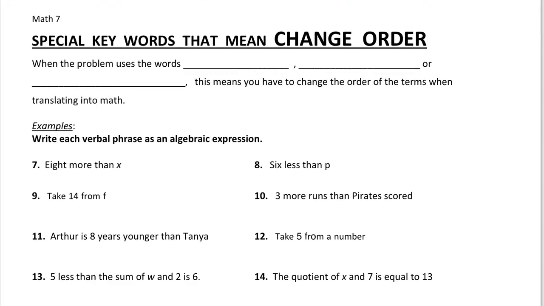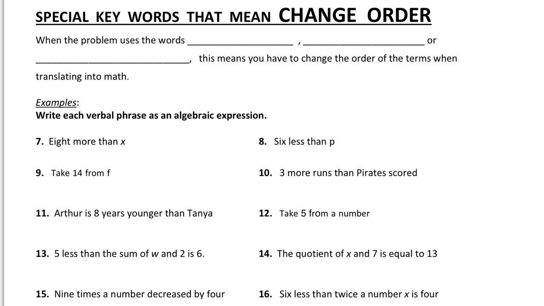Let's keep going. Because there are some special keywords that mean change the order of things. When the problem uses the words less than, more than, or from, this means you have to change the order of the terms when translating into math. So, for example, we have to write each verbal phrase as an algebraic expression.